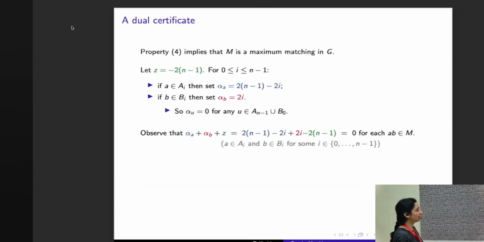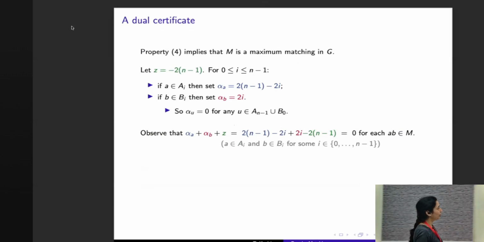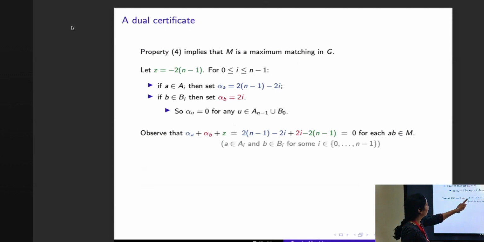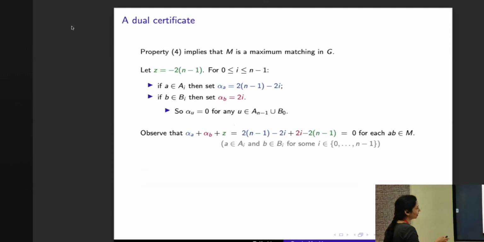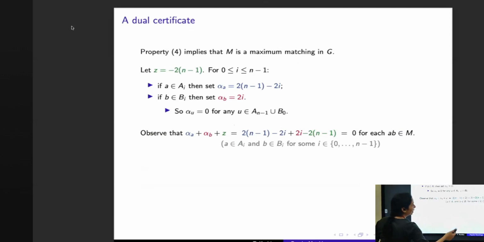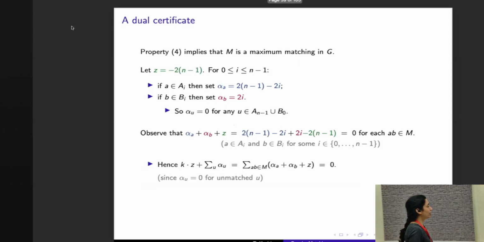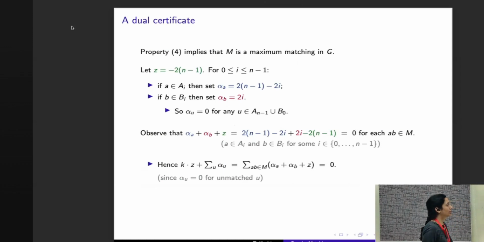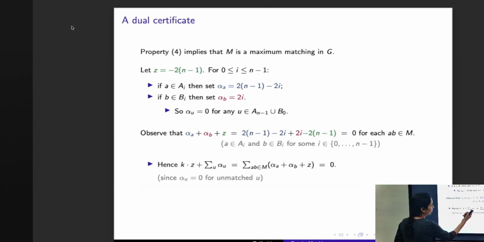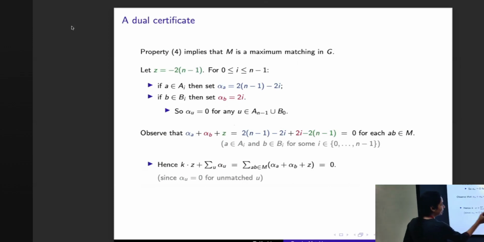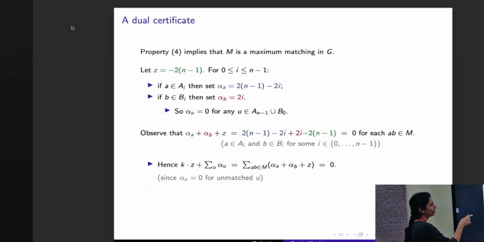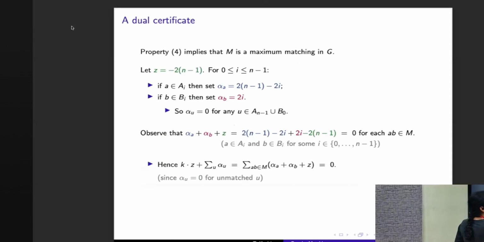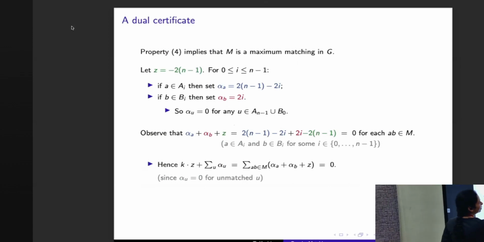For any edge in the matching M, when we look at alpha A plus alpha B plus Z, in fact twice n minus 1 minus 2 n minus 1 get cancelled, similarly minus 2i plus 2i get cancelled, we get 0. So k times Z plus the sum of all the alpha values, because alpha u is 0 for all unmatched vertices, we can nicely group them together over the edges of M as follows, and that turns out to be 0, because for each edge in the matching we just showed it is 0.